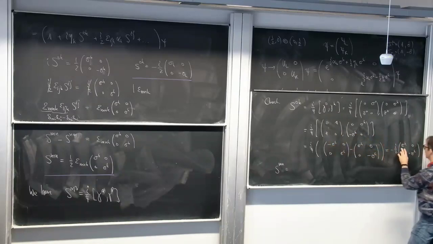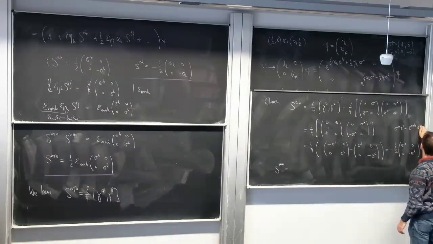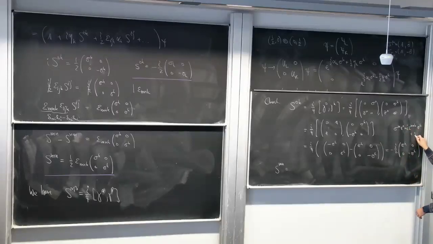Here will be two Pauli matrices, and the two Pauli matrices will have epsilon mnk sigma k with an i, plus the delta.